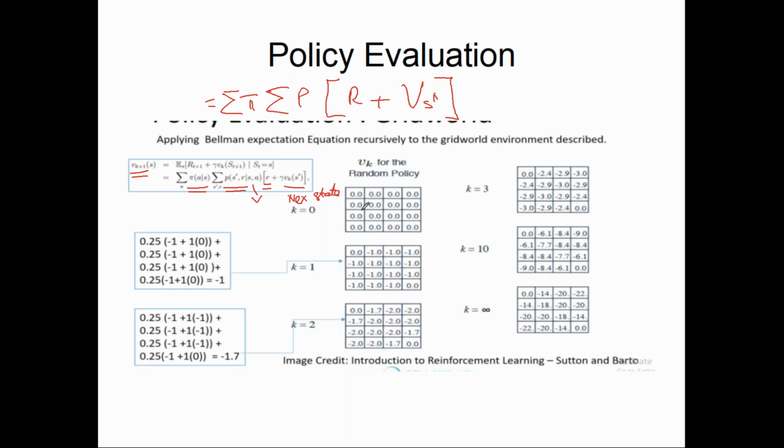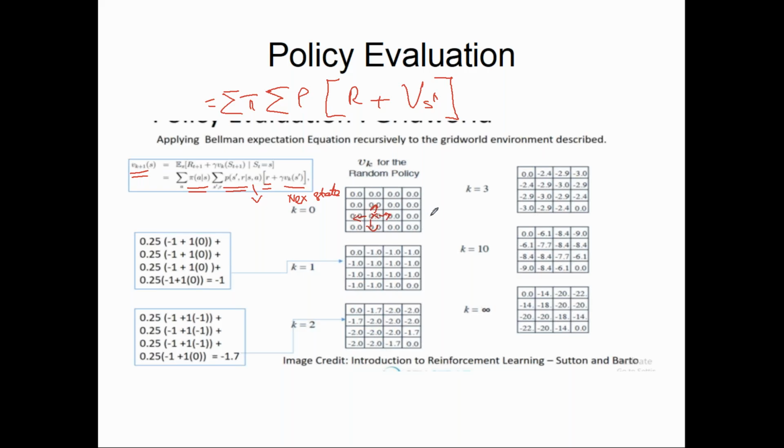Let us take, for example, any particular place. Let's talk about this particular point. Moving left, right, up or down, these are the four equal possibilities of moving.